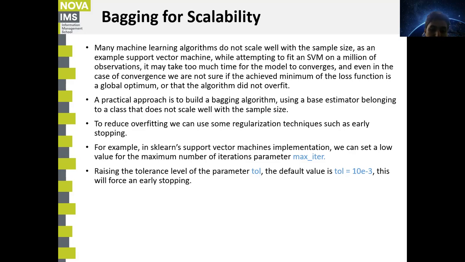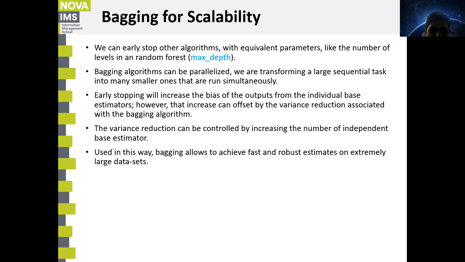This will force early stopping. We can early stop other algorithms as well with an equivalent parameter, like the number of levels in a random forest, which is max depth. So the bagging algorithm can be parallelized. As we said before, we are transforming a large sequential task into tiny smaller ones that are run simultaneously.